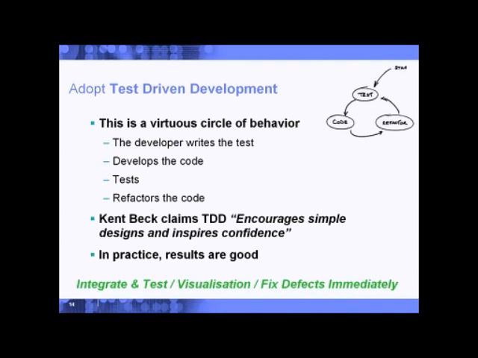Using novel and good techniques to visualize and highlight problems quickly will also integrate between those two. And if we're following a fix defects immediately approach, then we can identify, understand, and correct the defect more quickly.